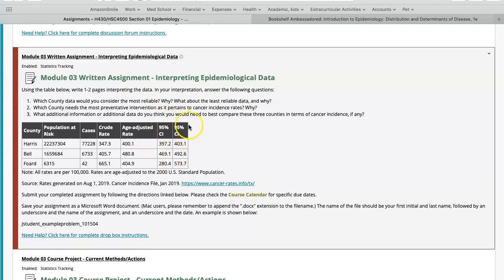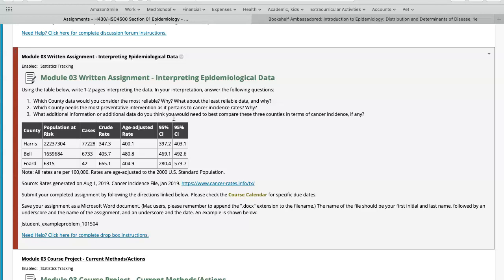Now, some of you are really struggling with CI or confidence interval. So, confidence interval is a measure of how certain we are with the data that we've come up with. So you'll see that there's two CIs here.